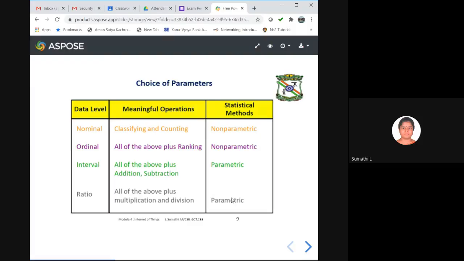Now I have introduced two terms, parametric and non-parametric. First, I will explain what parametric and non-parametric are, and then I come to this part. So what is parametric and what is non-parametric? Okay, we are taking a census, right? For taking a census, you have a range. You should know the population, right?